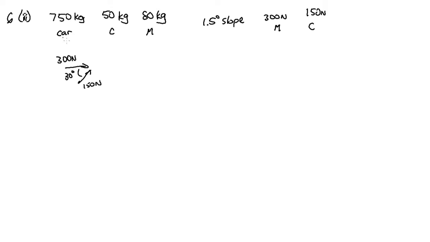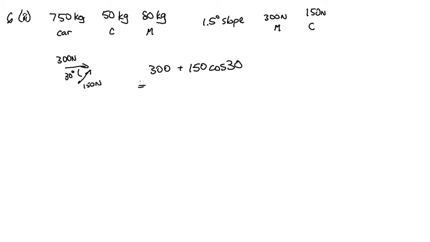For part 3, we have Carol pushing the car at 30 degrees using 150 newtons. So let's find the total forward component. So 300 is unchanged. Add 150 cosine of 30.